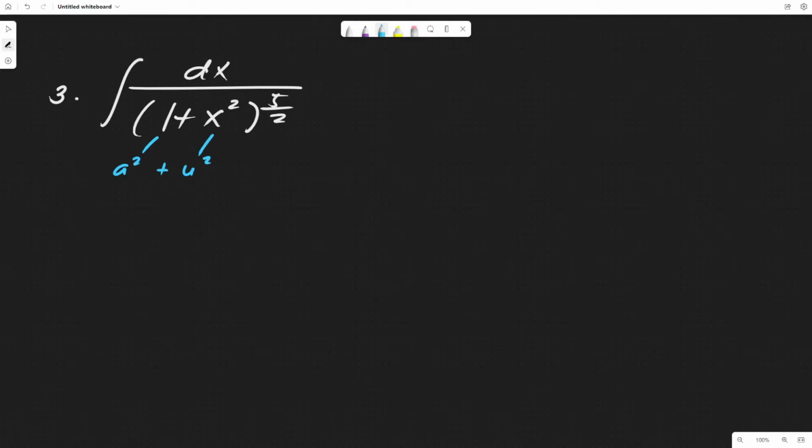So, a plus u squared. So, obviously, tangent theta yung gagamitin natin. So, x is equal to what? 1 yung ating a. So, tangent theta na lang ilalagay ko. Dx is equal to, what's the differential of tangent theta? That is secant squared theta d theta.